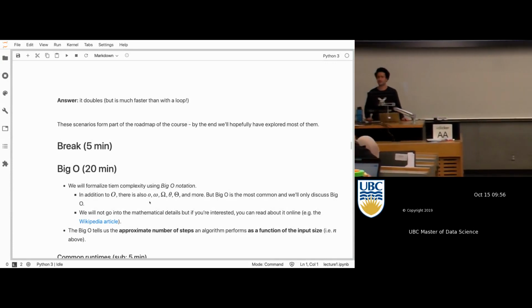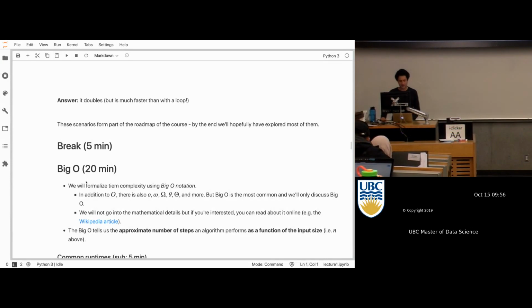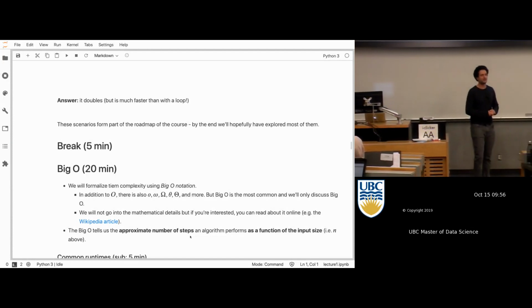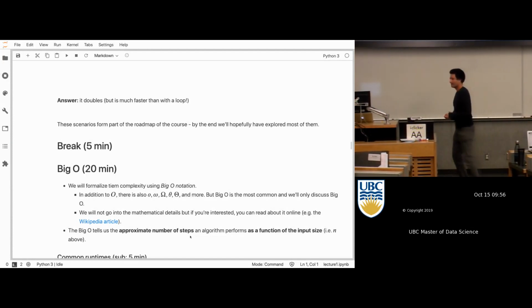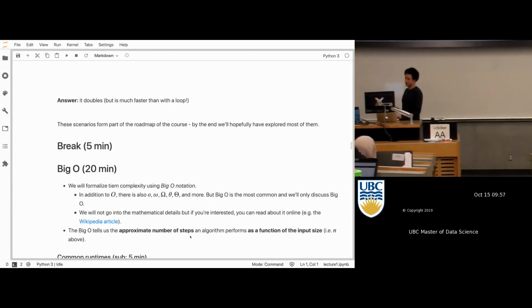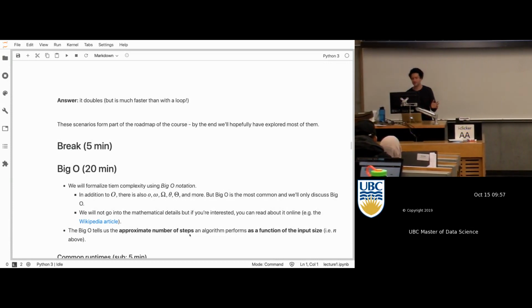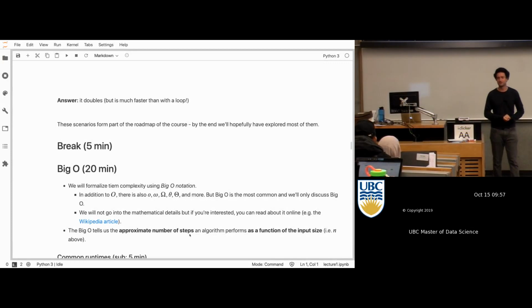We have very limited time in this course, and so whenever we talk about time complexity, we'll just use big O. And so what big O does is it tells us, technically, again, it's actually an upper bound, but we're just going to ignore that and say it tells you an approximate number of steps that the algorithm performs as a function of input size.